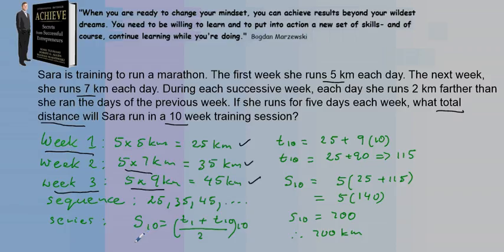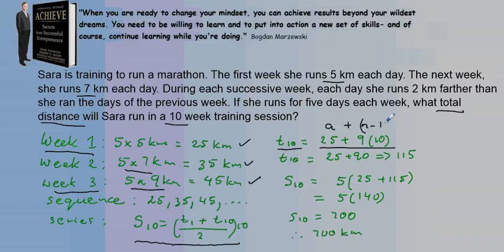So we will use the series formula, which is for finding the total sum of all terms involved in the arithmetic sequence. The general formula for any arithmetic sequence is a plus (n minus 1)d.